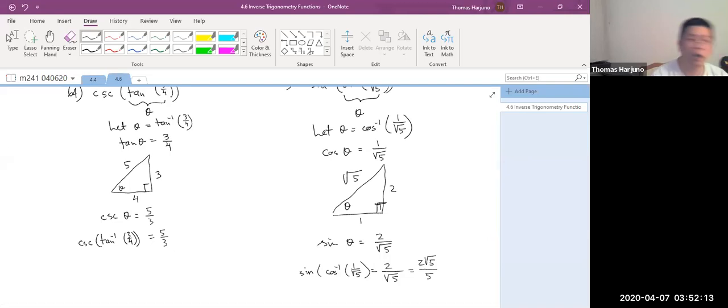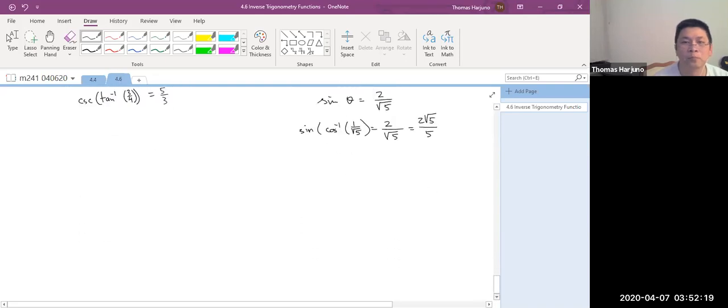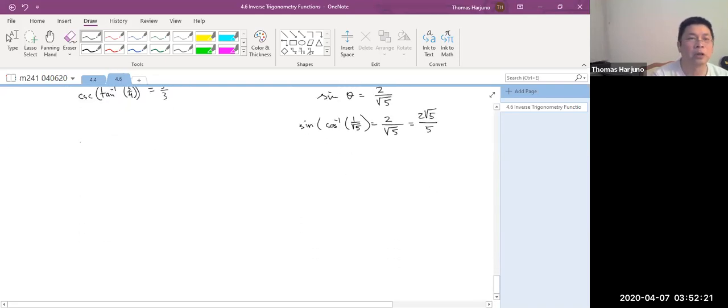Okay, we are almost done with this section. Let me give you one harder question, and then after this, I will do a lot easier question. The harder question is, for example, suppose I ask you what is sine of tangent inverse of x.